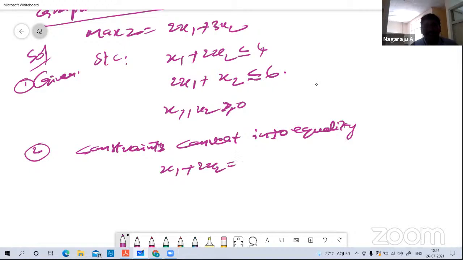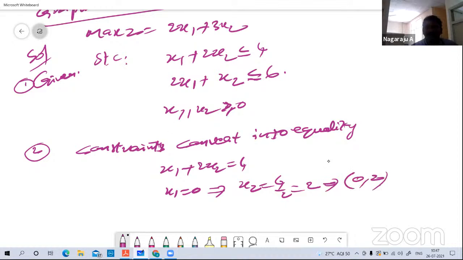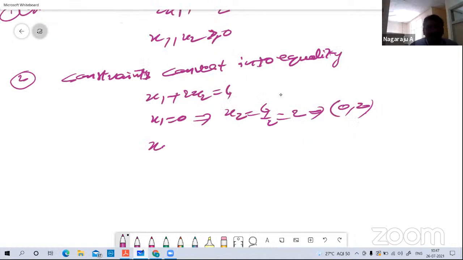Here x1 plus 2x2 equal to 4 I will take, and find the coordinate points where it intersects the x1 axis and x2 axis. If I take x1 equal to 0, I will get x2 equal to 4 by 2 equal to 2. So the point is 0 comma 2. This is the intersection on the x2 axis. Next, I'm taking x2 equal to 0, then the intersection on the x1 axis is 4. So the point is 4 comma 0.